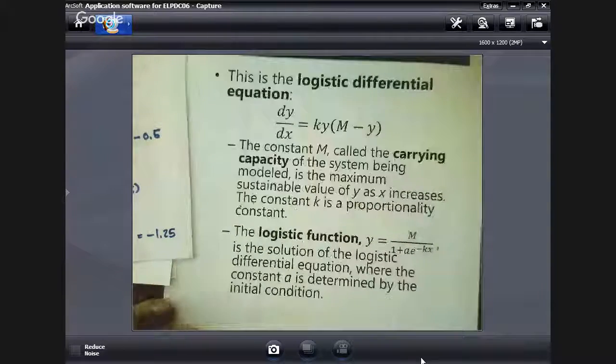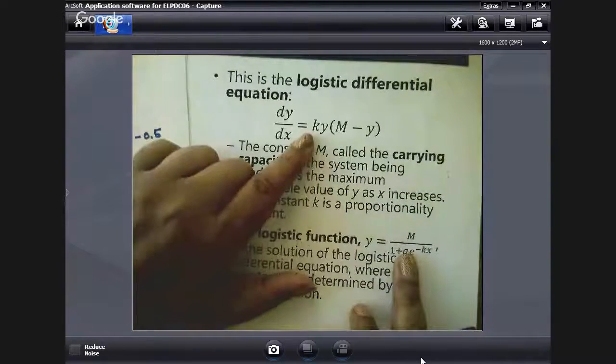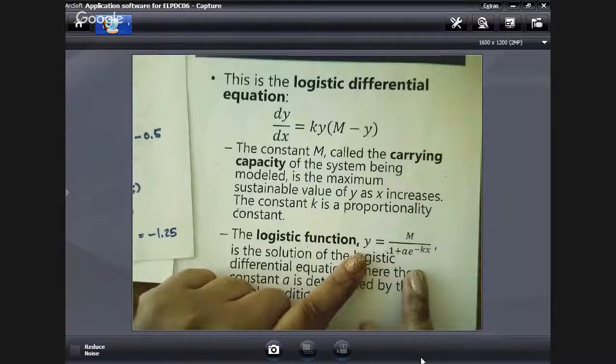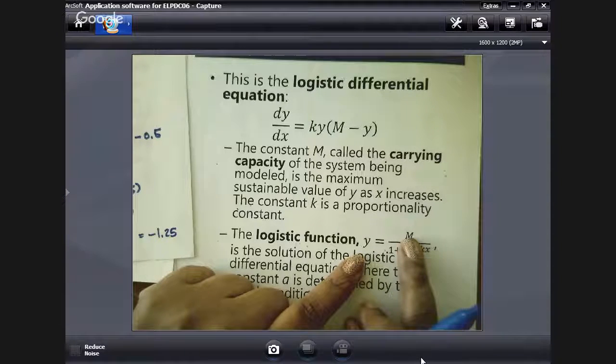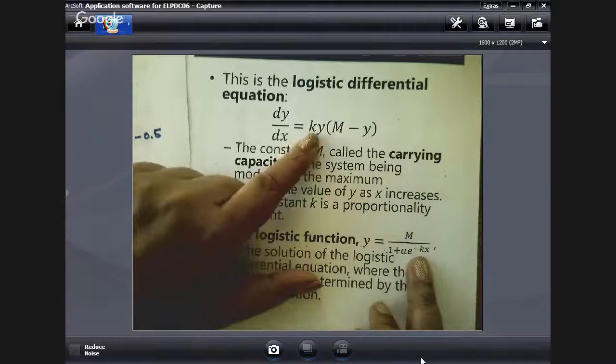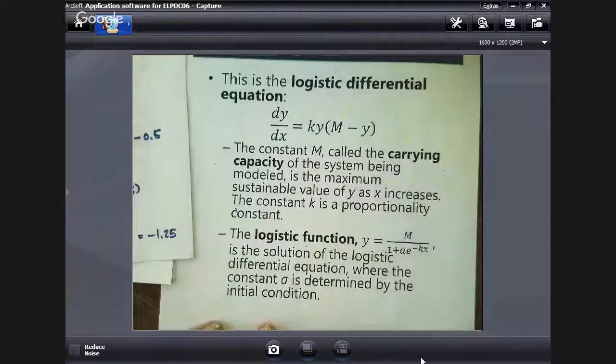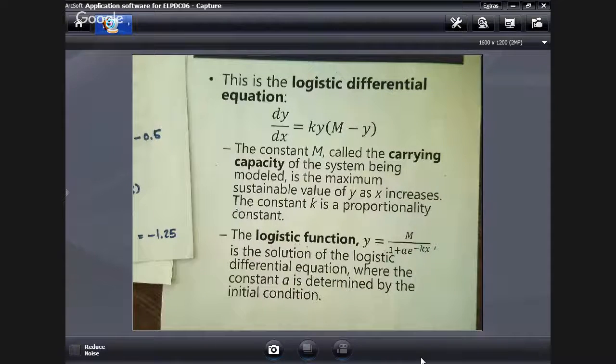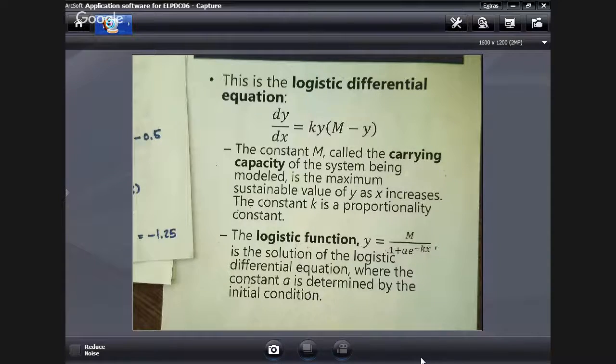The solution of this differential equation can be written in this form. Remember that solutions to differential equations are functions. You could rewrite this so that the carrying capacity is in the numerator. There's some constant A that you can determine using the initial condition, and this K and that K are the same number. To go through all the steps, maybe I'll do that at the end of the video, depending on how much time I have left.